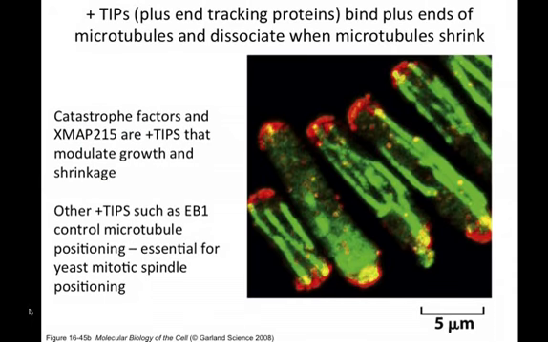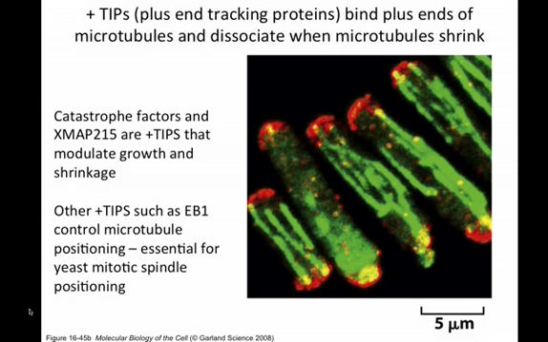Okay, so then there are these plus tips. These are plus end tracking proteins, which are also MAP proteins. They bind to the plus ends of microtubules and then dissociate when microtubules shrink, which is kind of cool if you want to do live cell imaging and follow the growth of your microtubules, isn't it?